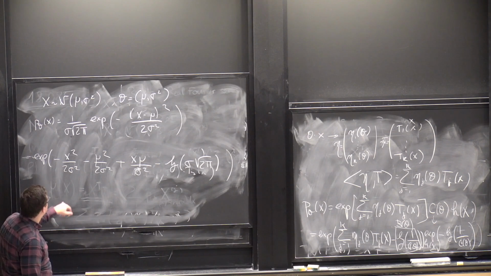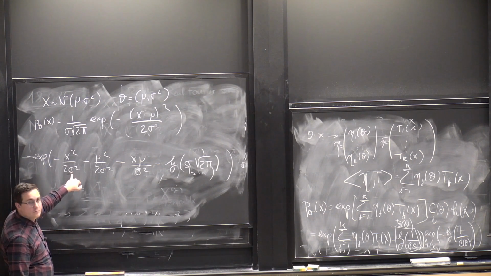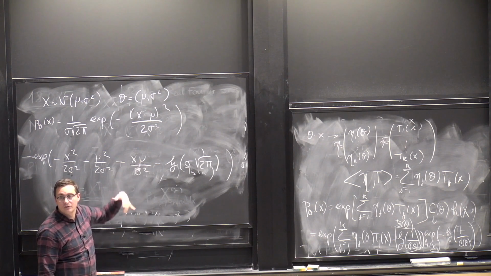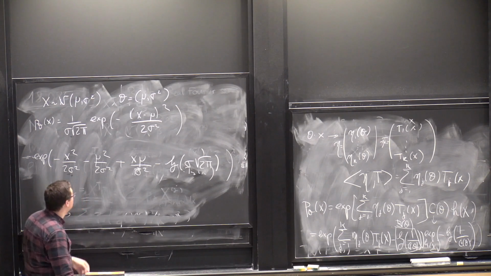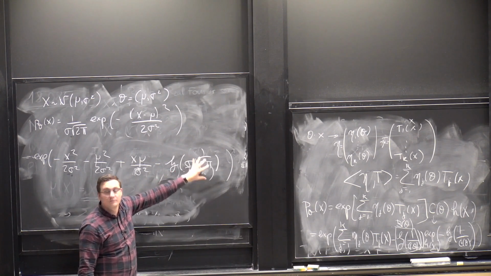This term here contains an interaction between x and the parameters. This term here also contains an interaction between x and the parameters. So let me try to write them in the way that I want. This one only depends on the parameters, and this one only depends on the parameters.